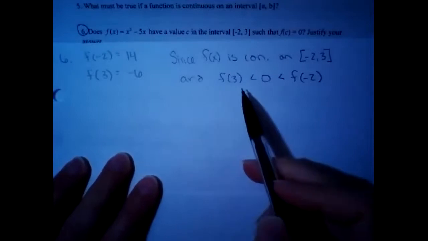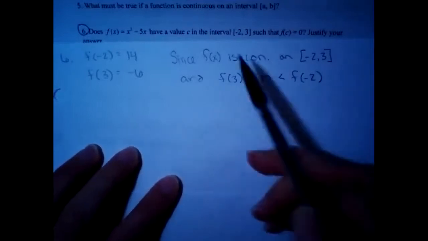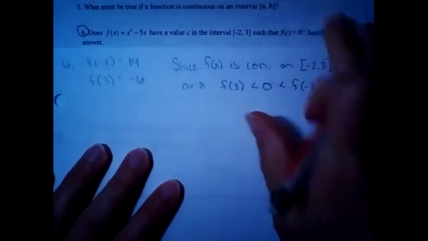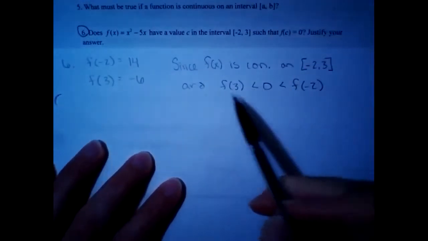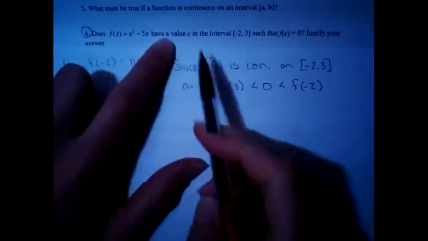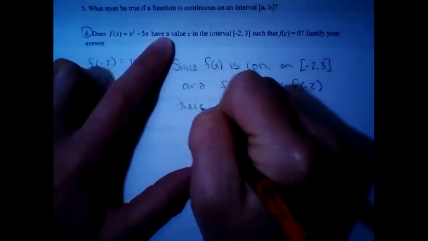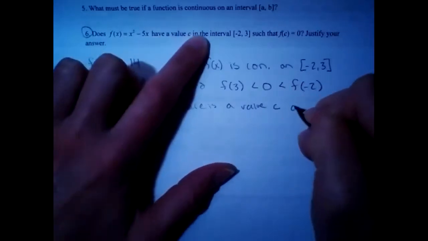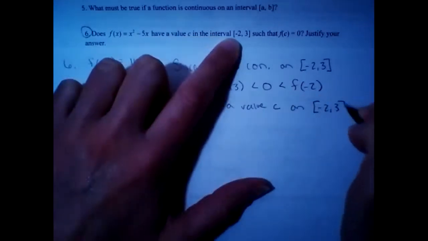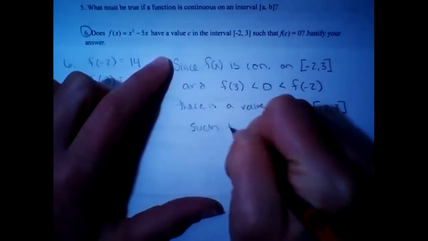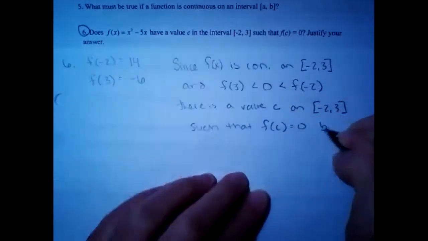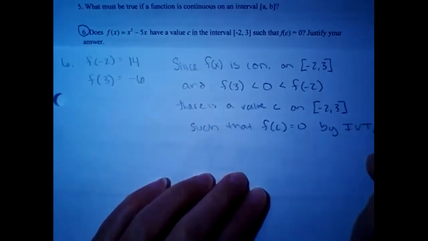So since this is all true, you can turn the words back on the person that asked you the question. You can just basically recopy the problem. So since all this is true, there is a value c on -2 to 3 such that f of c equals 0 by intermediate value theorem.